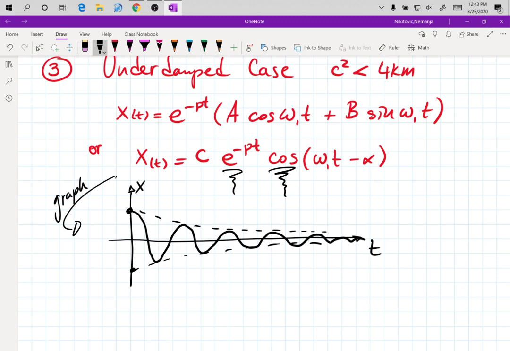Since x measures the distance from the equilibrium, this axis here is where equilibrium is. Distance equals 0 there.